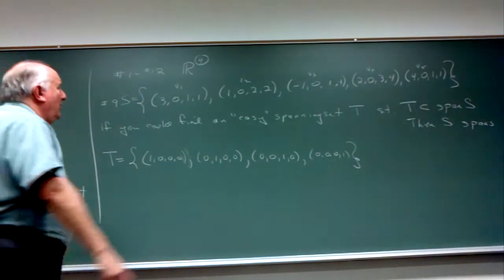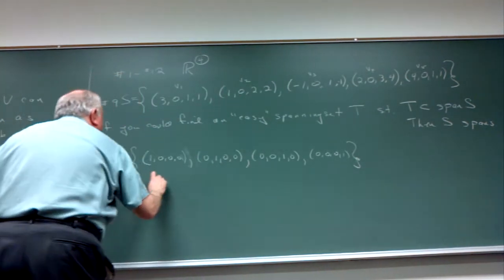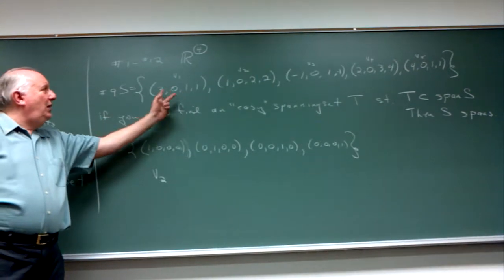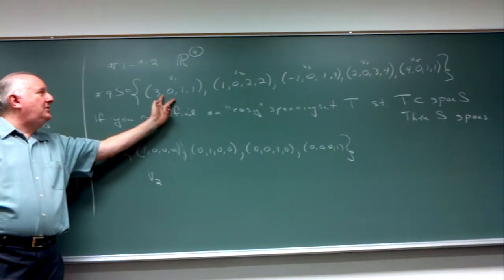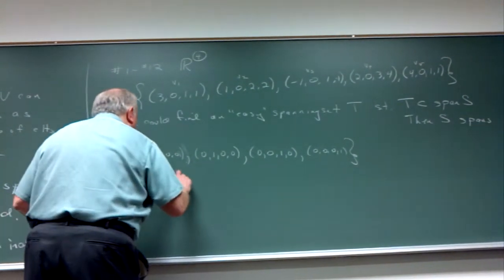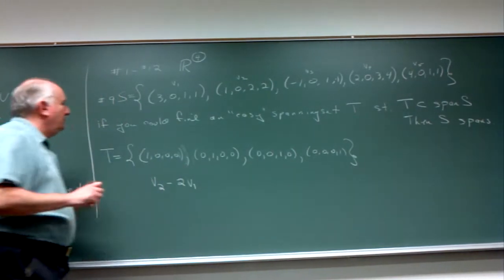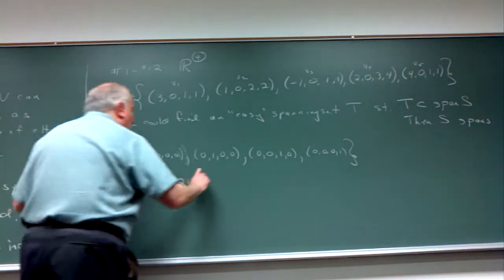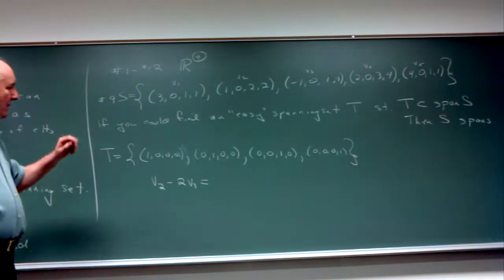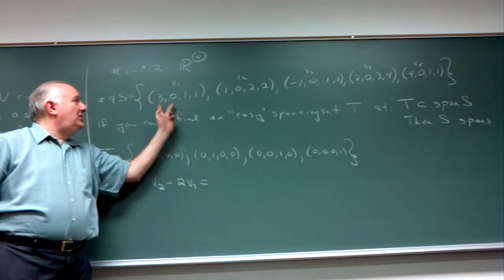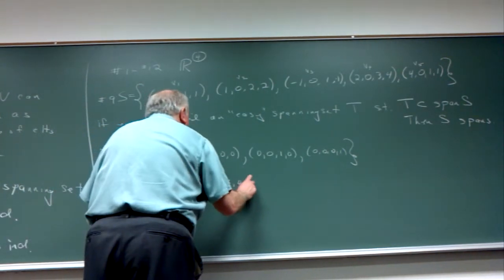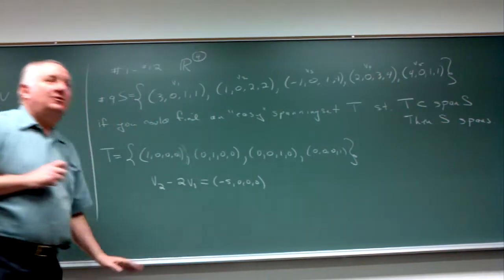If I took V2, 1, 0, 2, 2, and took away 2 copies of V1, what that's going to equal is, I take this minus 2 copies of this, and that seems to be -5, 0, 0, 0.